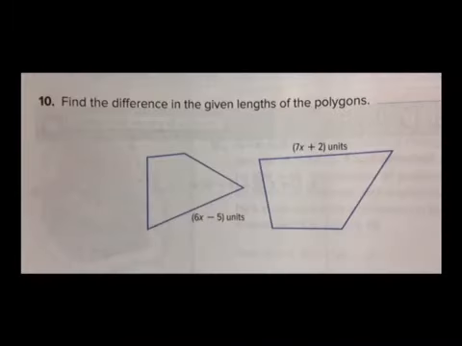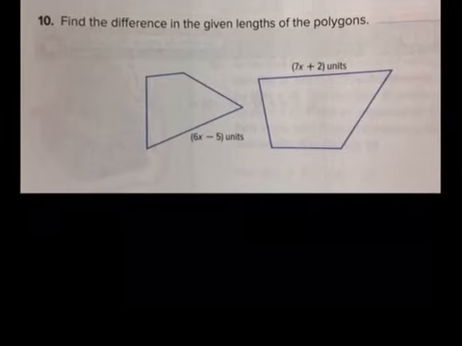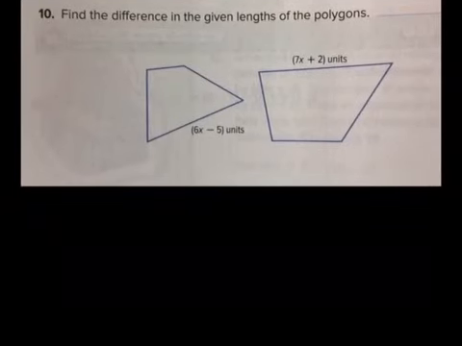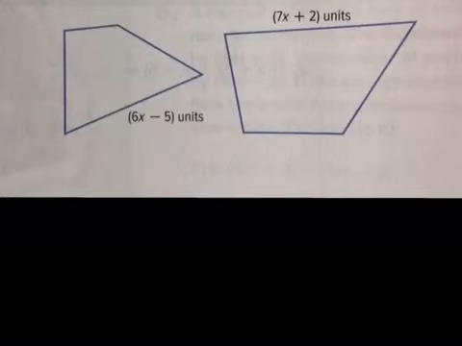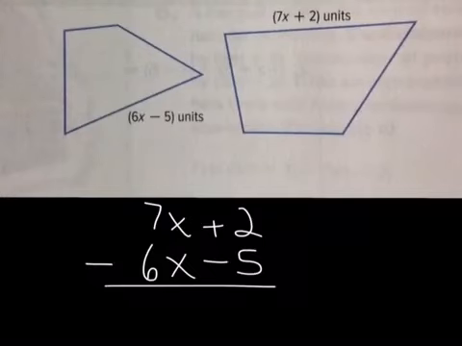And here we have this question. Let's try this together. So we're asked on the next page, this is page 408, to find the difference, okay? Right there, find the difference in the given lengths of the polygons. I always take the greater value subtracted by the lesser value. This is clearly the lesser value. So that's what we can do. And I'm going to align the like terms, 7x minus 6x, as you see there, and 2 minus 5.